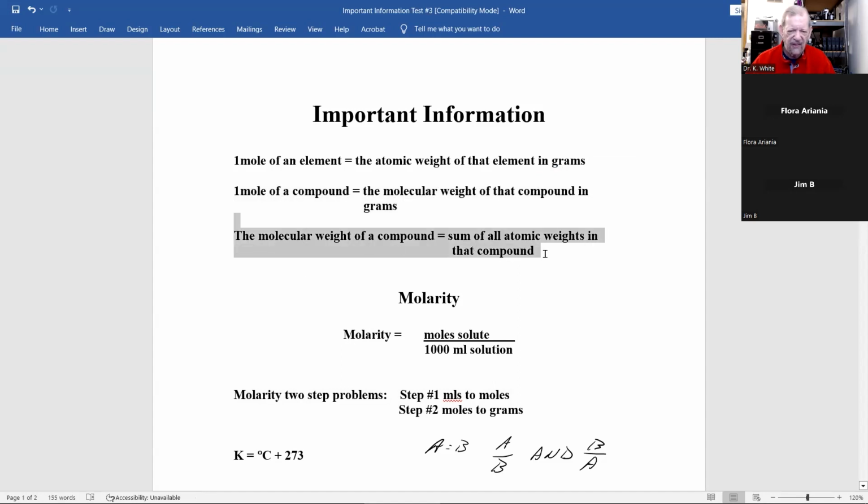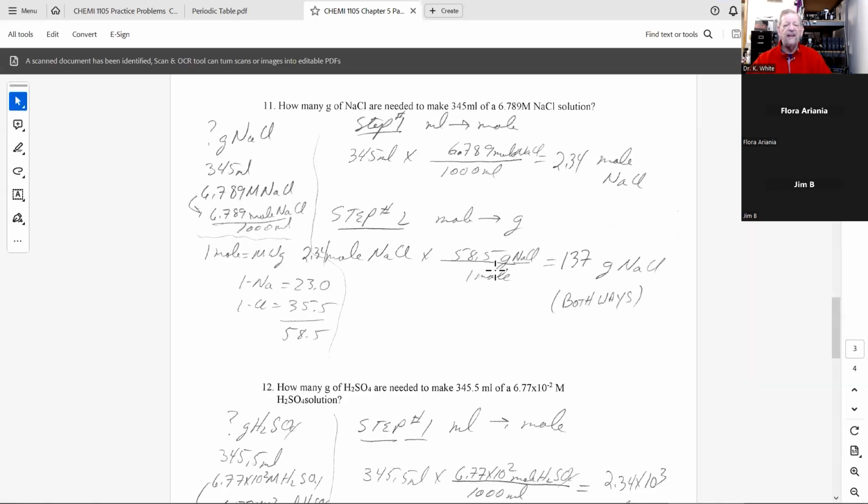And the molecular weight of that compound is the sum of all atomic weights. So we need the molecular weight of sodium chloride. And here, 1 mole, the molecular weight in grams, is the sum of all atomic weights, 1 sodium, 1 chlorine, and the 3 significant figures.